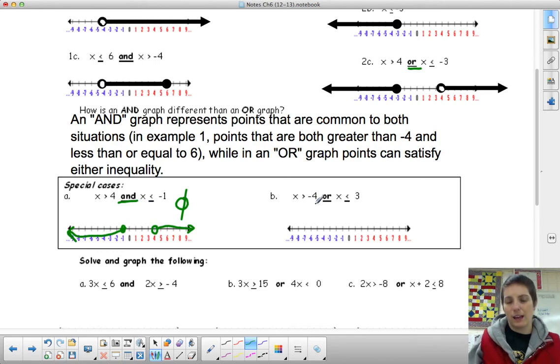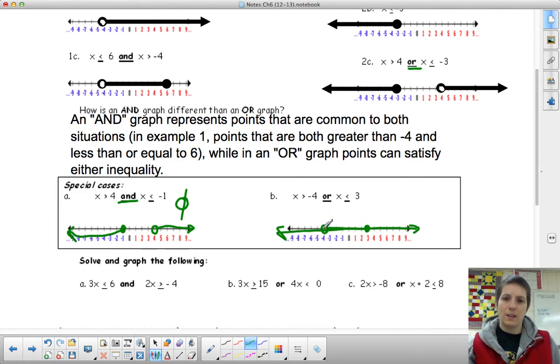What about this case? X is greater than -4. So we have an open dot, meaning we can't have that point. And greater than goes this way. Less than or equal to 3. So we have a filled dot. And less than goes this way.